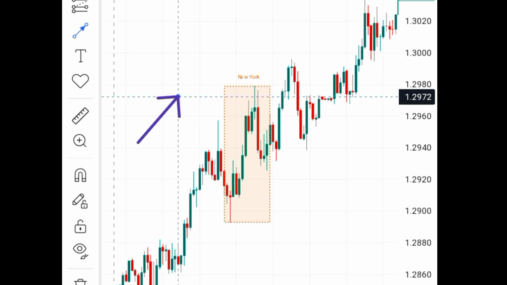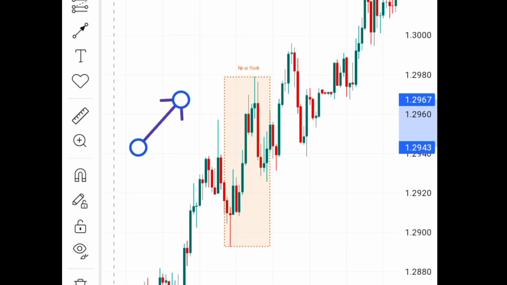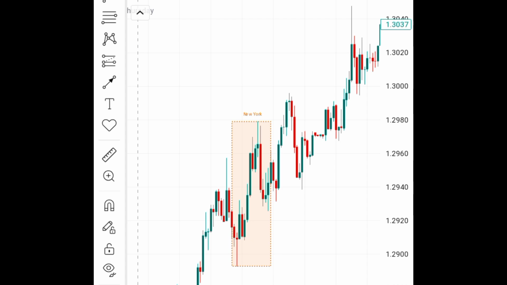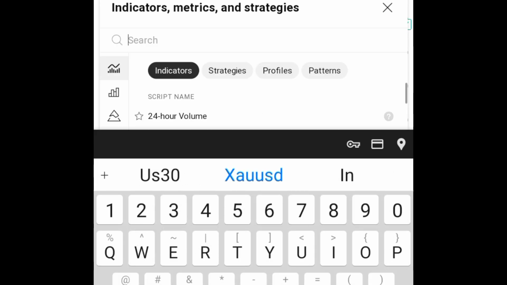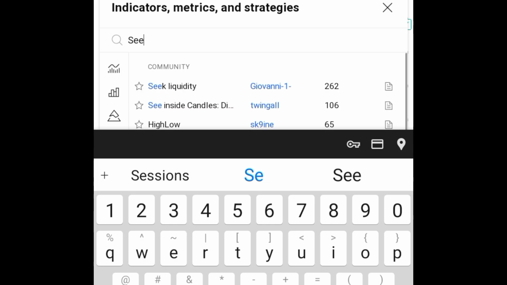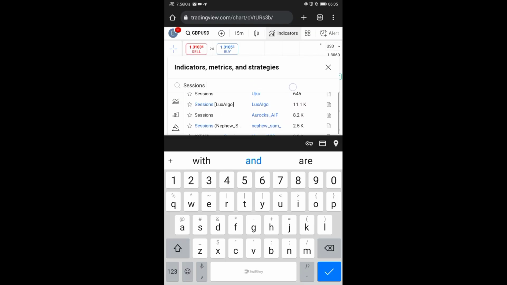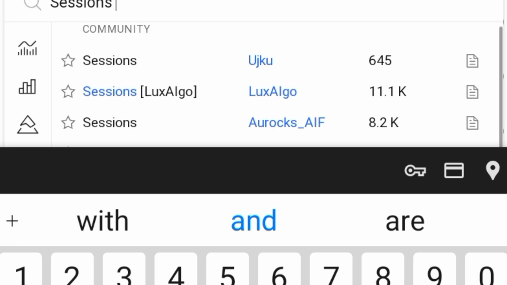I've already taught you guys how to get this indicator, but if you don't know how to get it, you go to your indicators and type sessions. Sessions by LuxAlgo, sessions in brackets LuxAlgo, it will pop up.